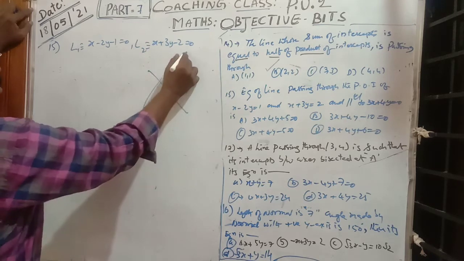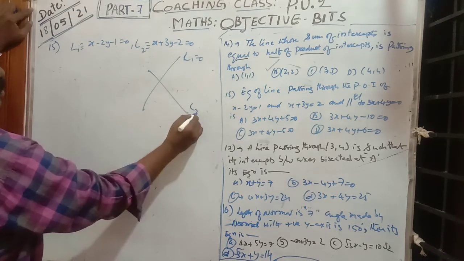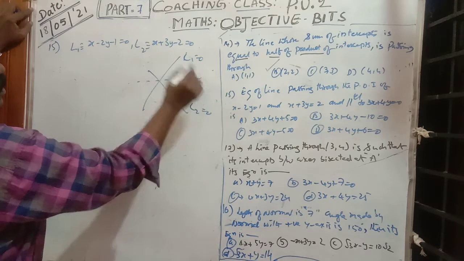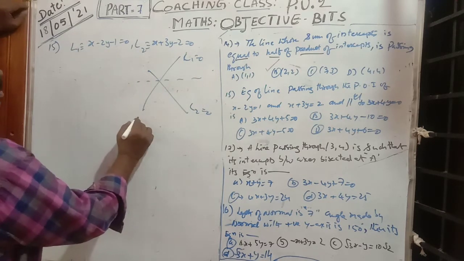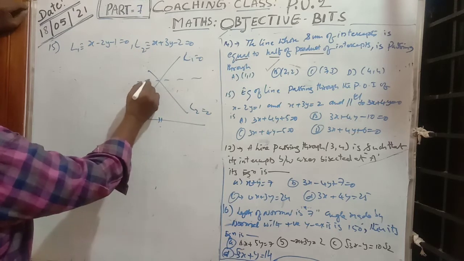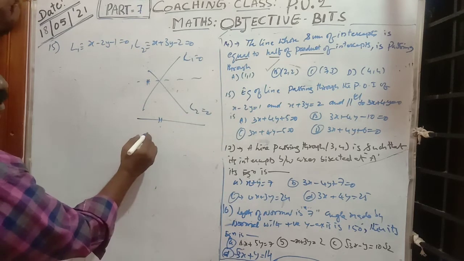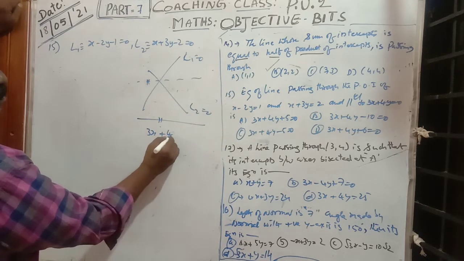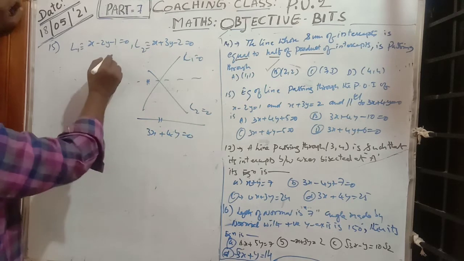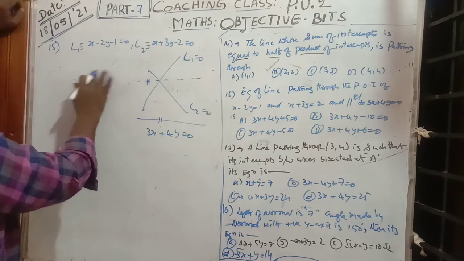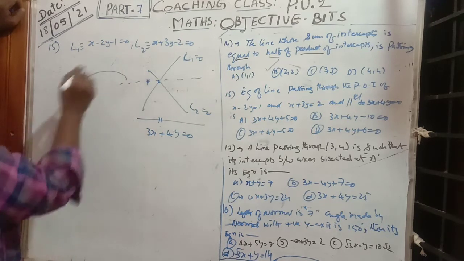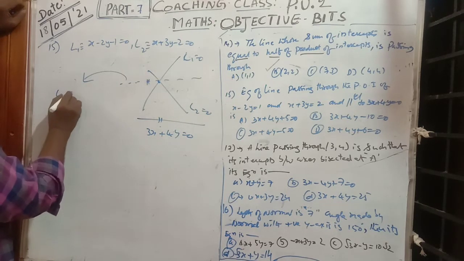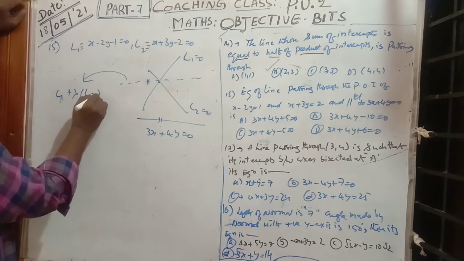Same concept. L1 is equal to 0, L2 is equal to 0. We need a third line, L, which is parallel to the line 3x plus 4y is equal to 0. Then what is its equation? The line passing through the point of intersection is L1 plus lambda of L2 is equal to 0.